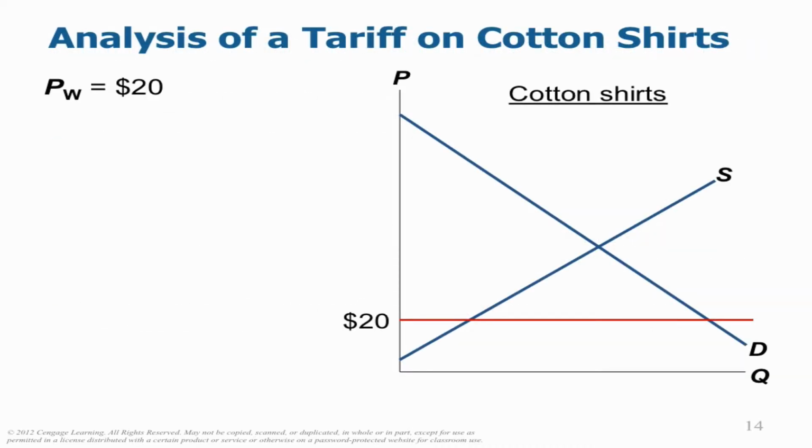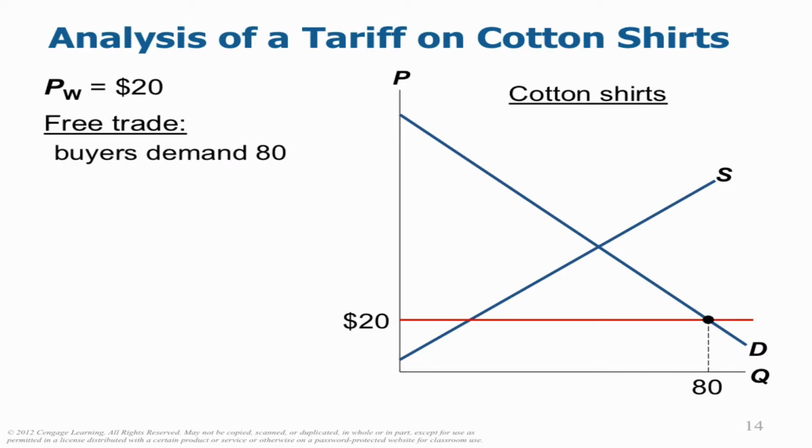So, the price of the world market of a cotton shirt, $20. At $20, our buyers want 80 shirts. But here domestically at $20, we're only going to produce 25. Uh-oh, we need to import, oh, it's not a perfectly even round number. Oh dear, 55 shirts.